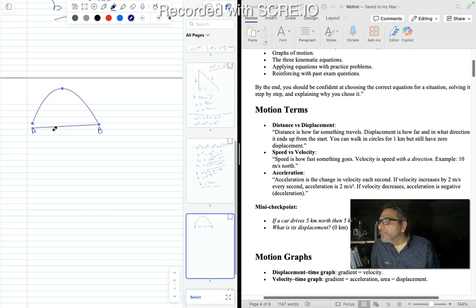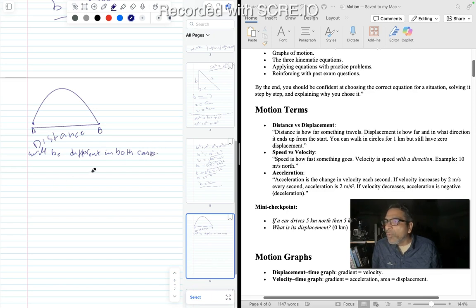You see that? So the distance will be different in both scenarios. Distance will be different in both cases.